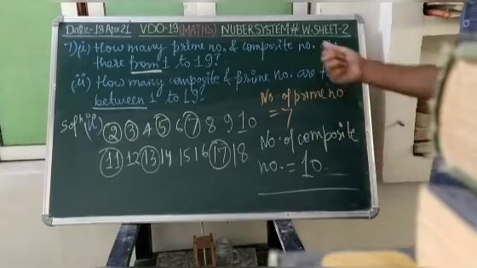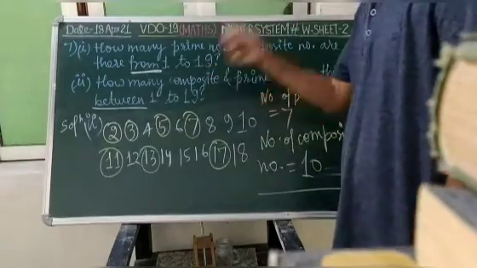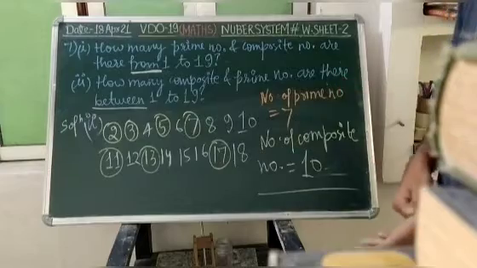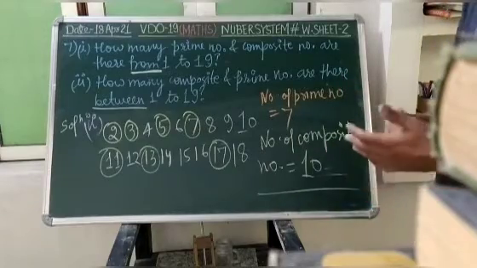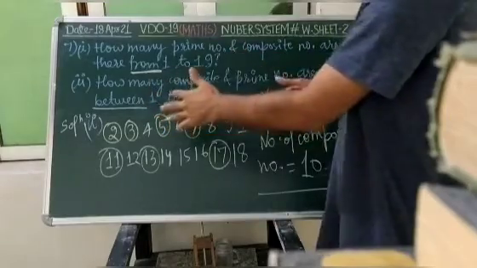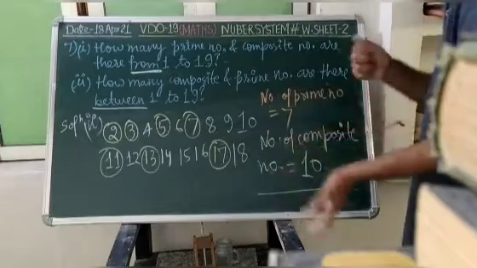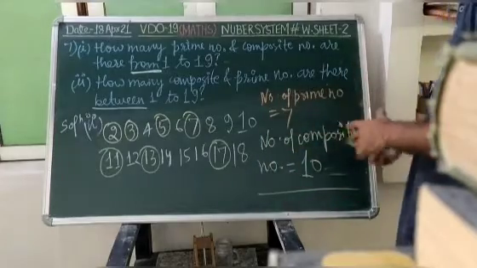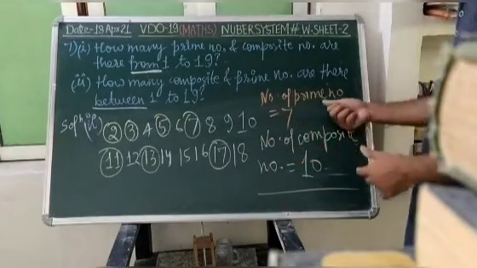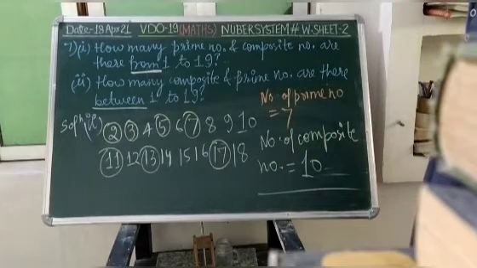But here you are looking that our number is ending with 19, which is a prime number. So when we select from and between, the prime numbers are going to change and the composite numbers will be the same.